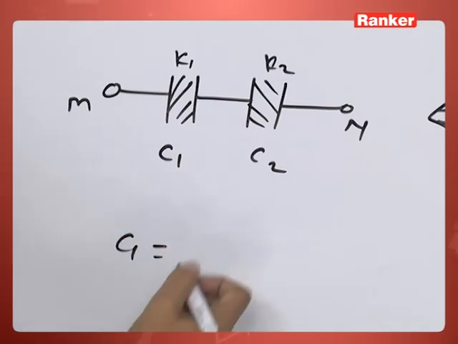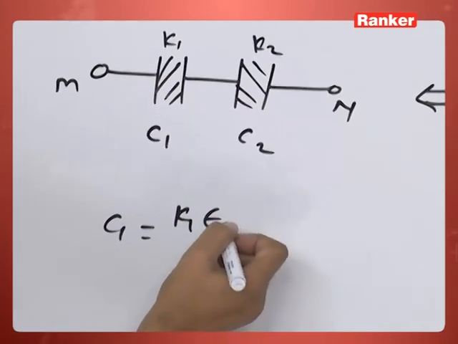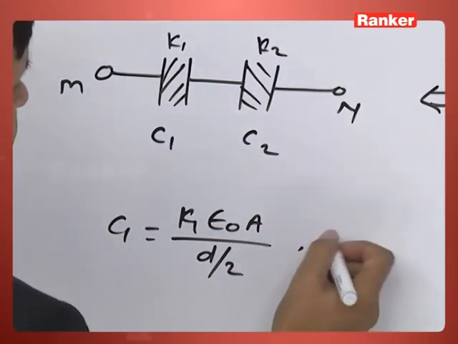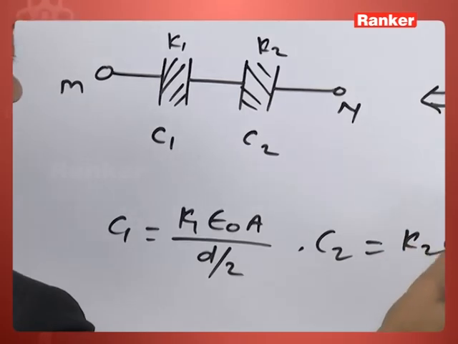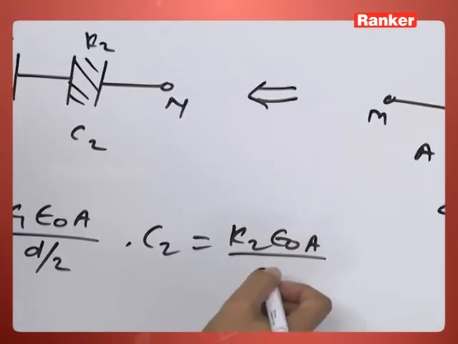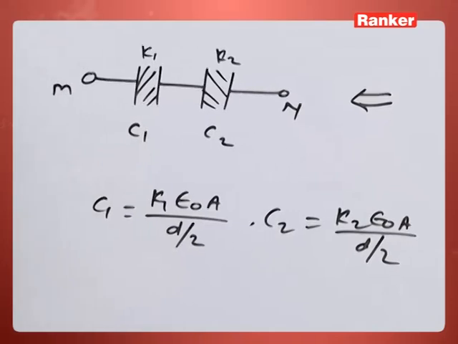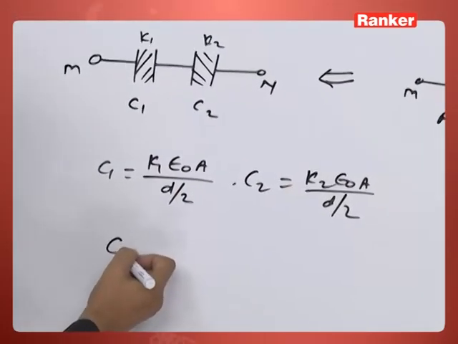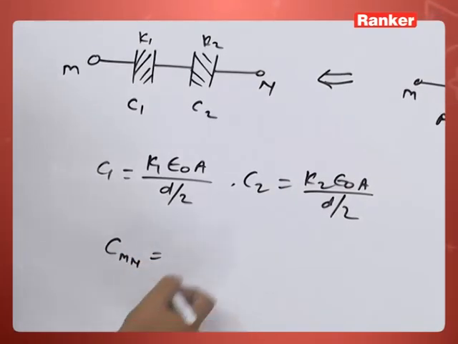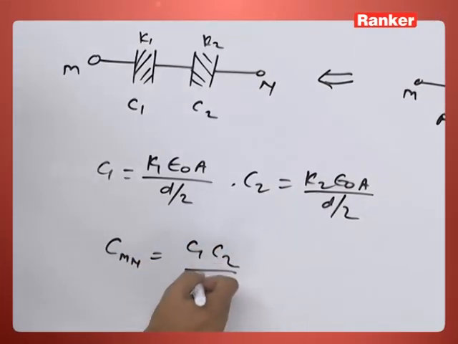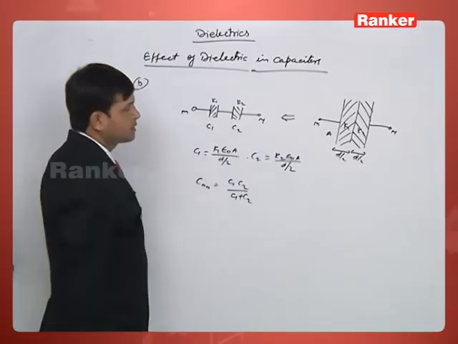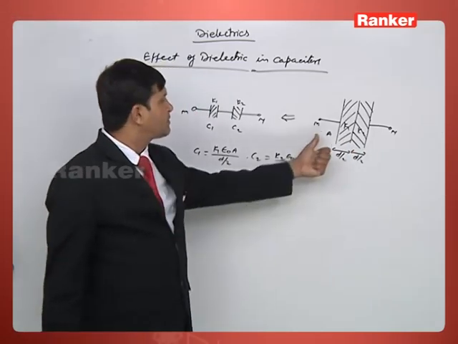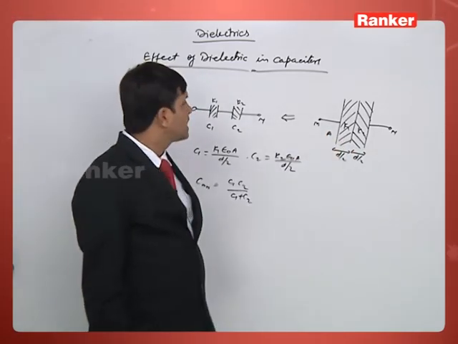So C1 is equal to K1 epsilon naught A by d by 2 and C2 is K2 epsilon naught A by d by 2, and these two are in series. So C MN is C1 C2 by C1 plus C2. So if this type of dielectrics are filled, we can do it like this.